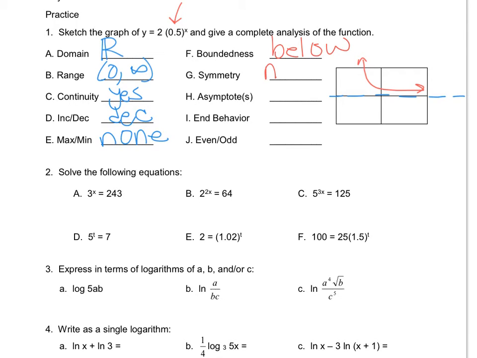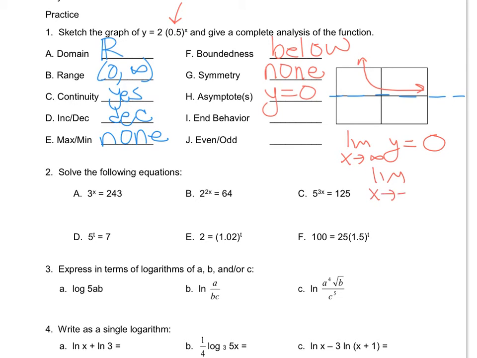There is no symmetry. The asymptote is y equals 0. It's a line. You have to write it as an equation. For end behavior, the limit as x goes to infinity, our function is going to approach 0.